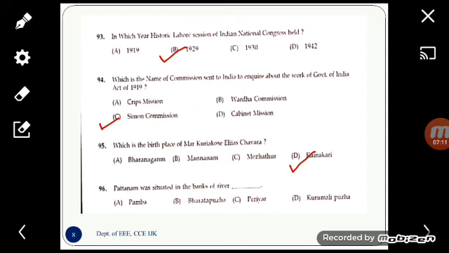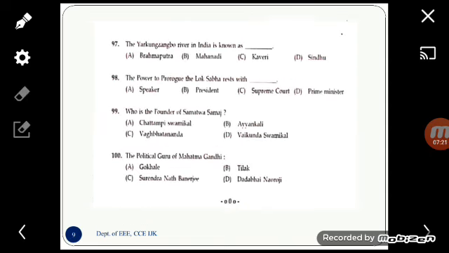Next one is: Pathanam is situated on the banks of the river Periyar. Option C is correct, 96C. Next question is: the Yarlung river in India is known as option A, Brahmaputra. This Yarlung is its name in Tibet.